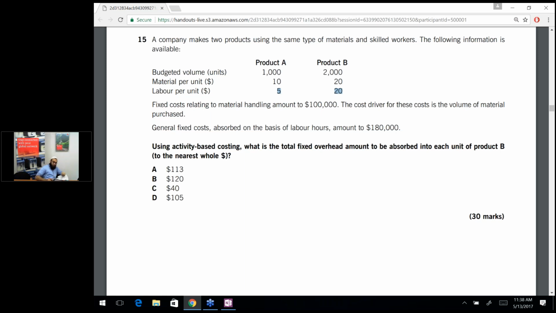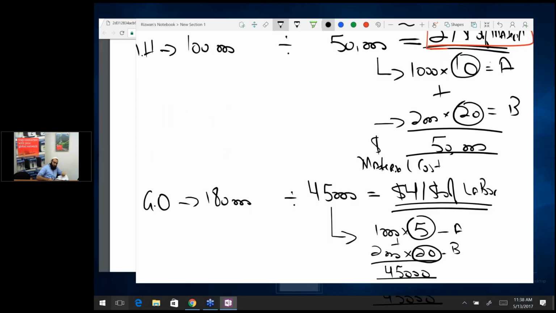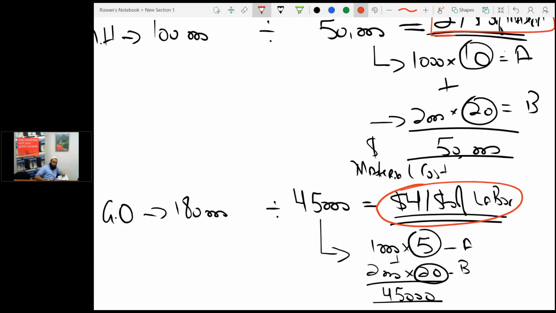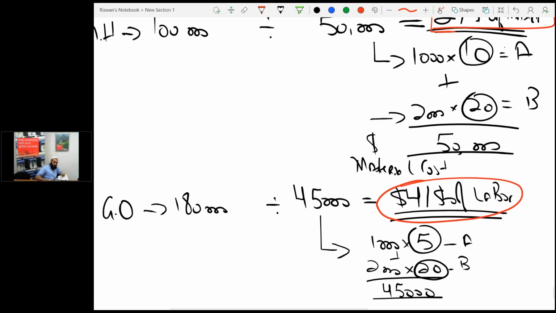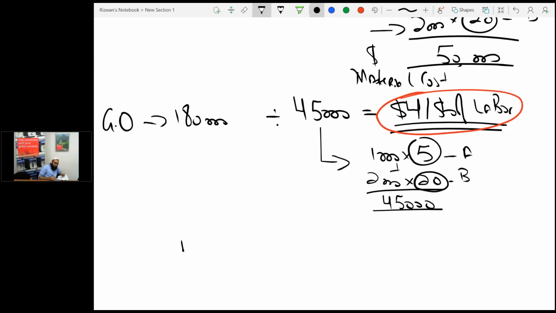So now you have two OARs. Now let's absorb them. One is 2 and one is 4. So how to absorb per unit of B?